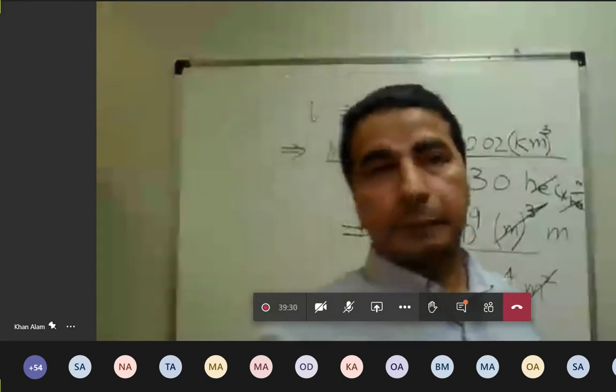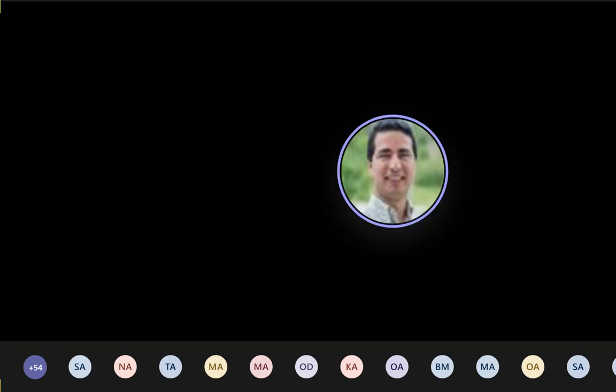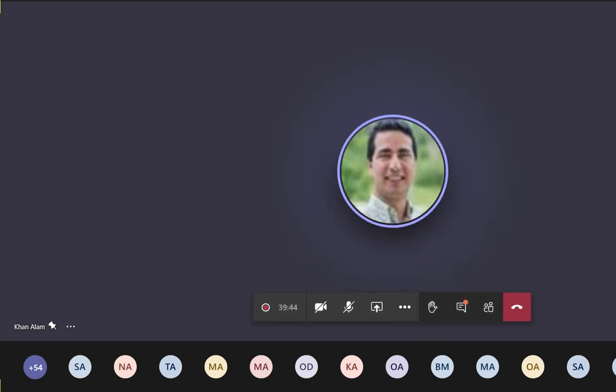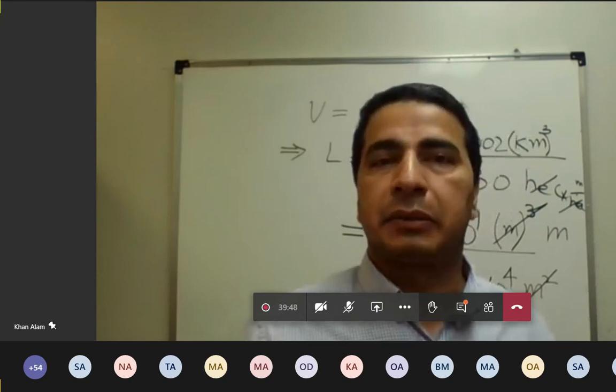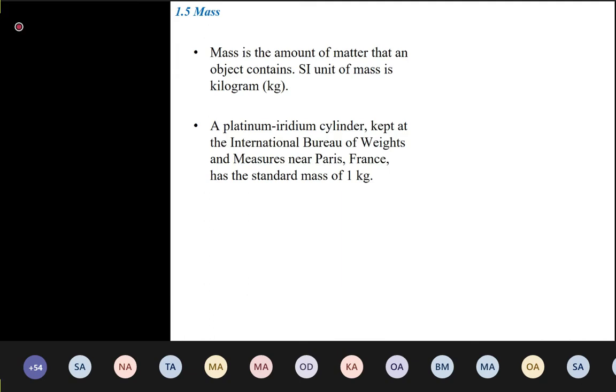Mass is the amount of matter that an object contains. So the SI unit for mass is the kilogram, and we are very familiar with this, but oftentimes we misuse this word. Sometimes if I ask you, what is your weight, you say 50 kilogram or 60 kilogram. So the weight is not actually the mass, okay?